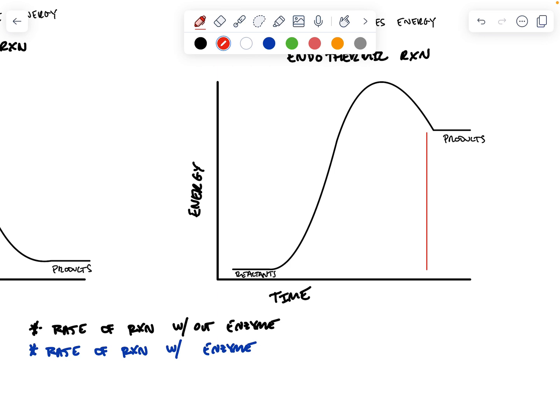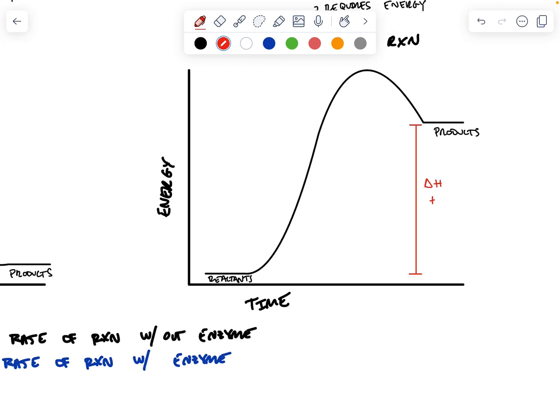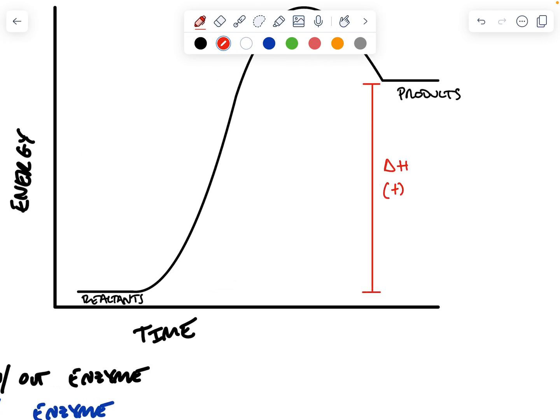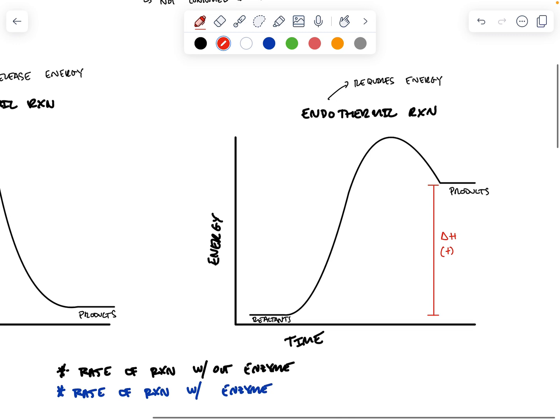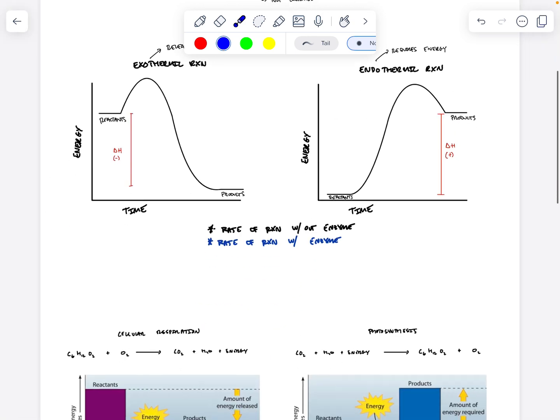This again is delta H, and it is positive in an endothermic reaction. We need to put energy into this reaction in order to add energy to the reactants to turn them into the products. So this amount of energy is required in order for the reaction to occur.